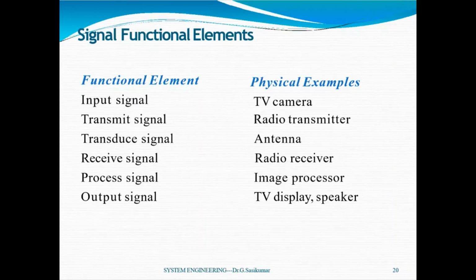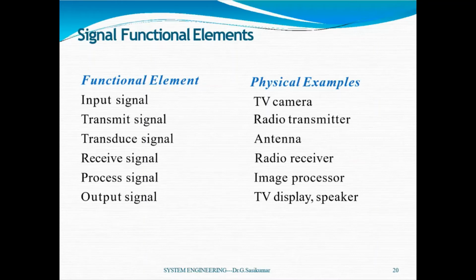And transmit signal, a very good example is the radio transmitter as well as the remote control, which receive and transmit the signal. And transduce signal, the functions on the left side you are seeing, does some function in the device, the antenna. And receive signal, radio receiver, process signal, image processor, and output signal, the TV dish and speaker.